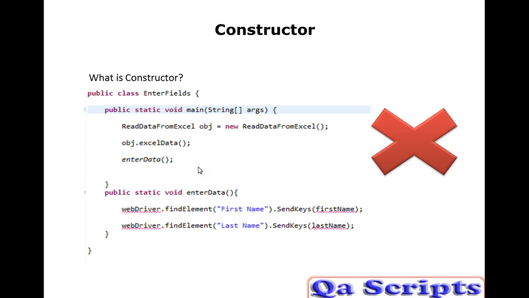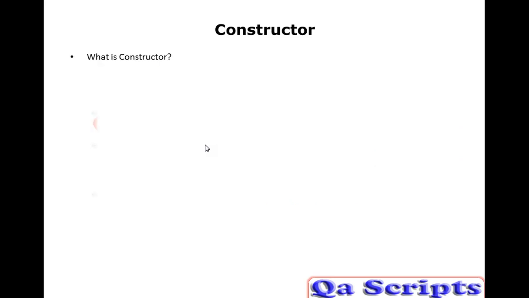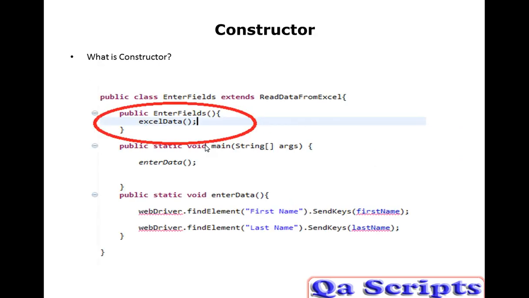So what is the alternate way then? What I would like to do here is, before executing the enter data test script, the read data from Excel class must be executed so that it has data ready to use. How to do it? We can do that using a method with the same name as the class.